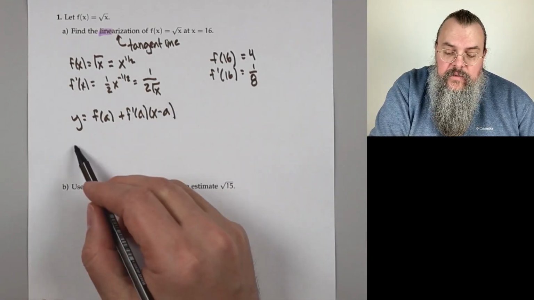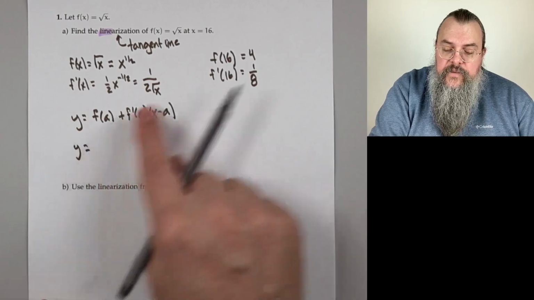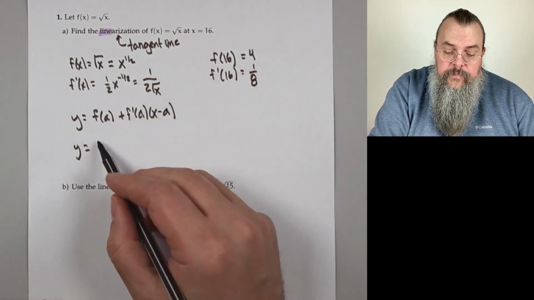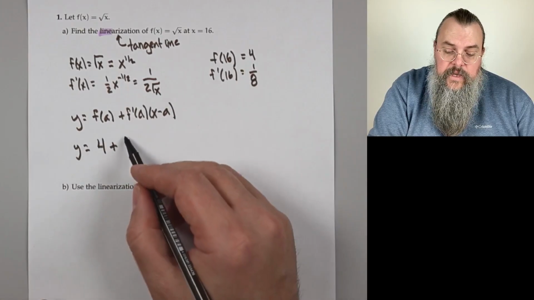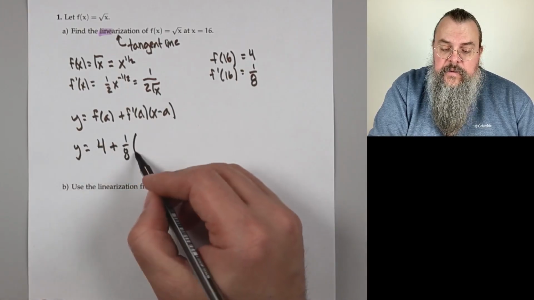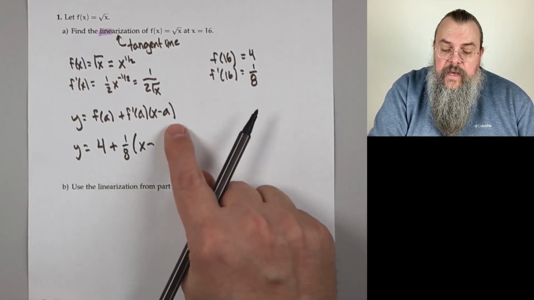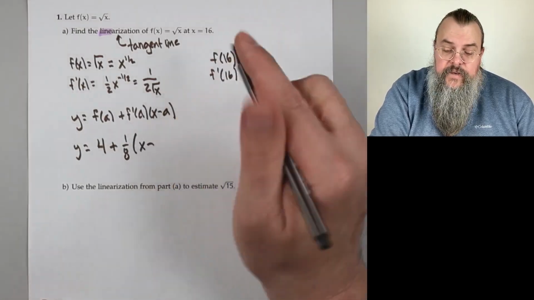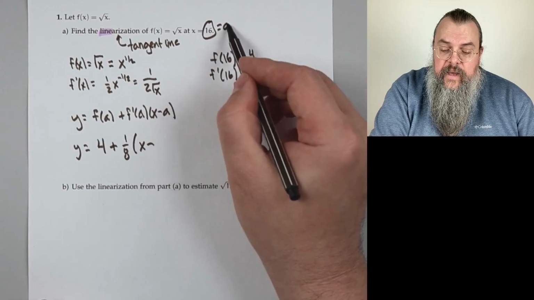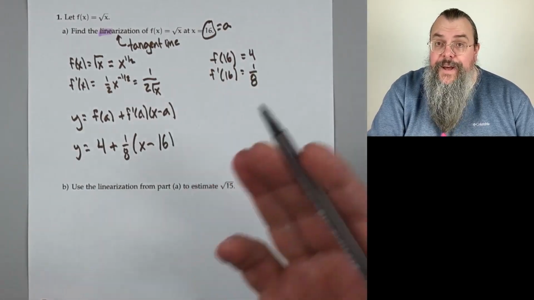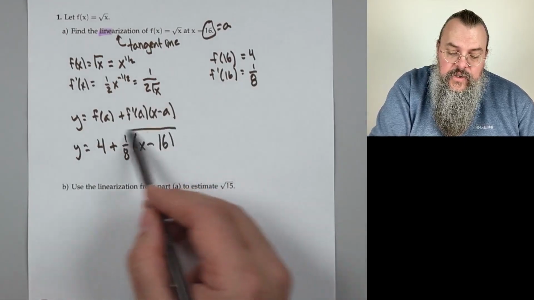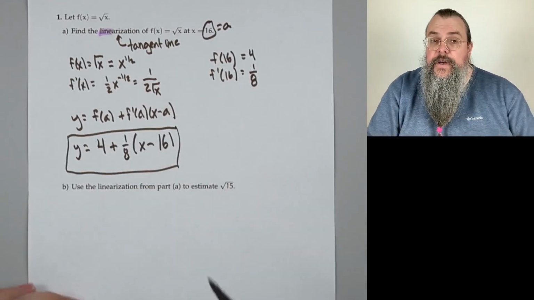Now, in our case, we say, okay, the function at 16 is 4, plus f prime of a, 1/8, and then we have x minus a. Now, a is that point right here. So this is our a. And we have a line. That's a linearization. And so there we go.